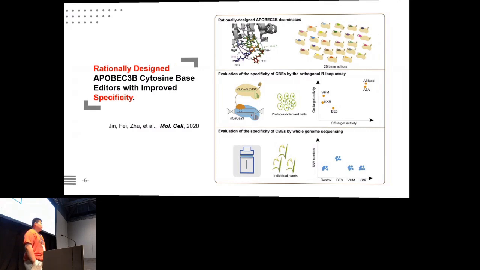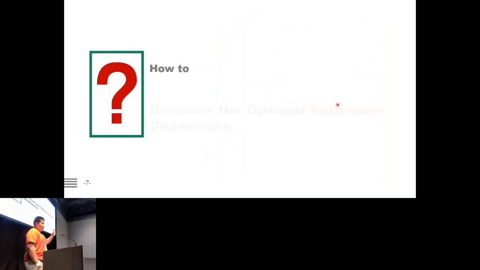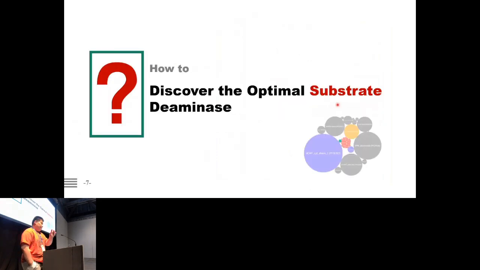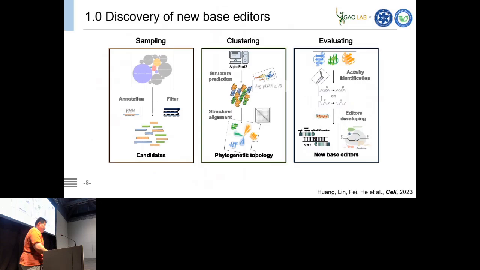But we also asked, instead of engineering existing deaminases, could we discover better ones directly from nature? This question led us to explore whether natural deaminases might already have the properties we want, like higher specificity or better activity.